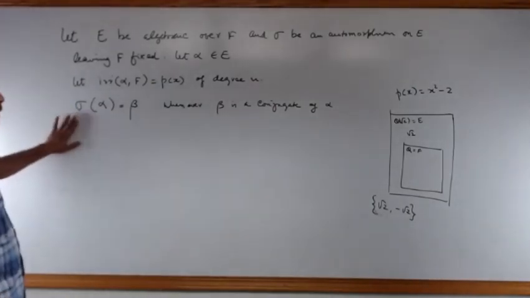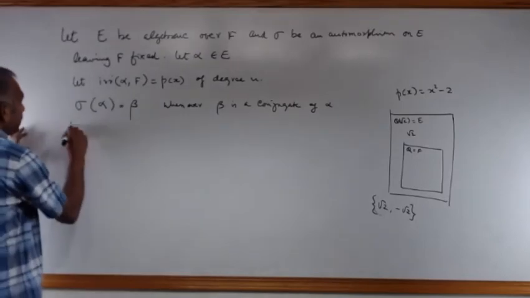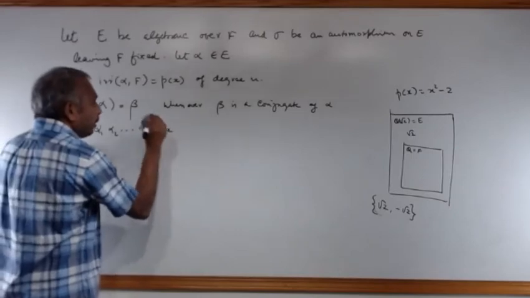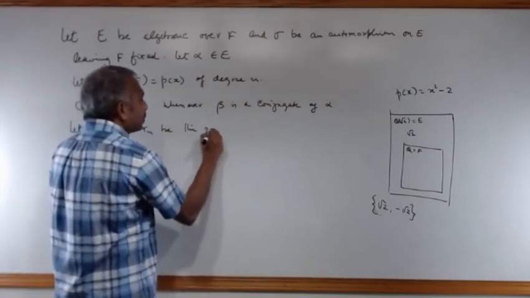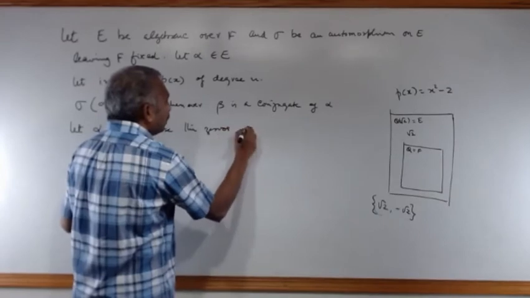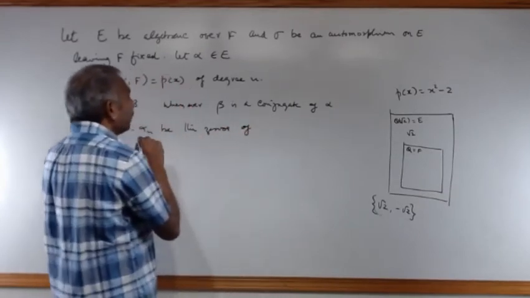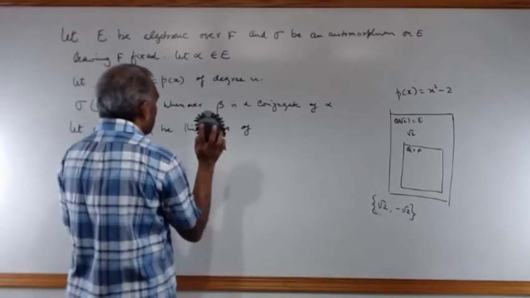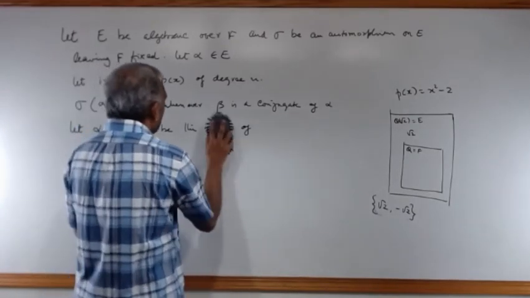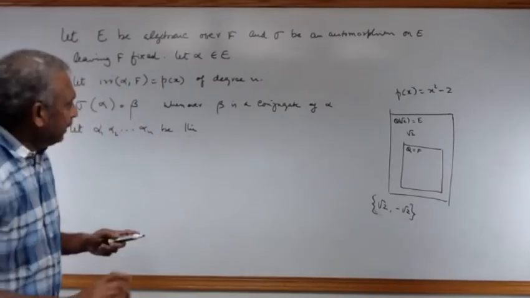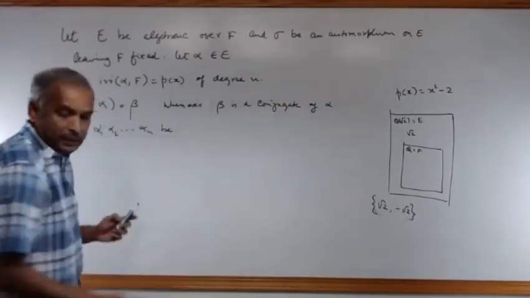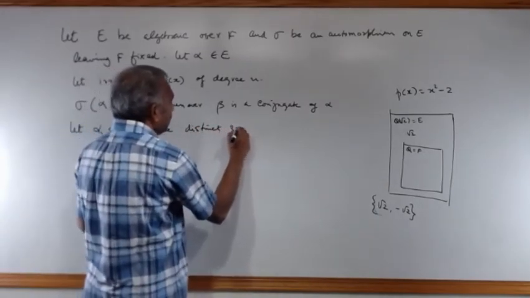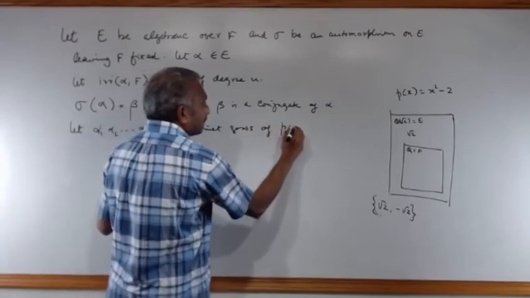So, let alpha 1, alpha 2, up to alpha n be the distinct zeros of p of x.